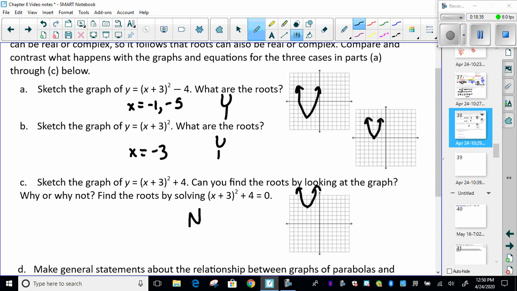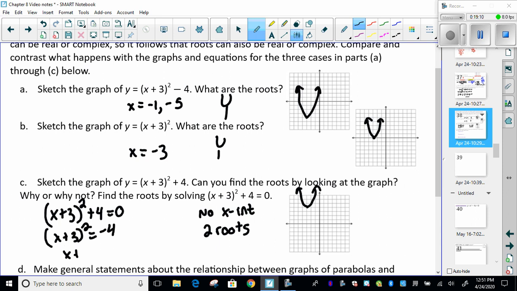If I were to try to find the roots by solving this, am I going to get solutions? Yes, I am. Are there any x-intercepts? No. So there are no x-intercepts. And there are 2 roots. And the reason I know that, I can solve it. So I have (x plus 3) squared plus 4 equals 0. So subtract the 4.